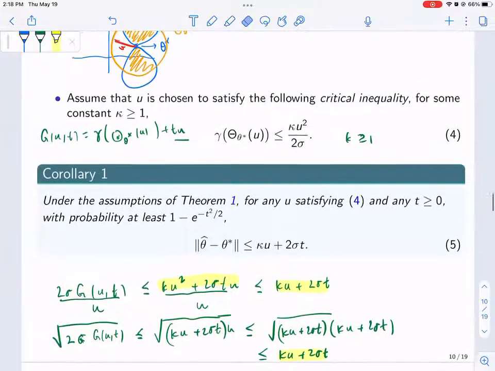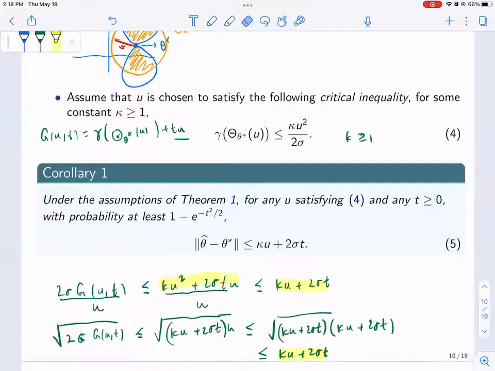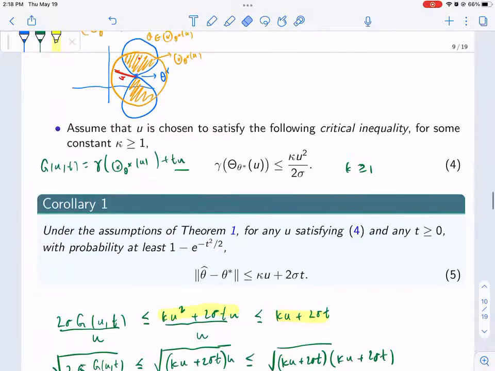So it's natural to define a critical radius that satisfies this inequality. A critical radius would be the u that's the minimum that satisfies this. It turns out that this quantity, usually the Gaussian width of that neighborhood, grows slower, like this, for example.